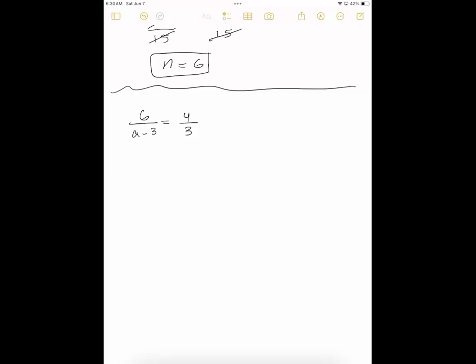And for this type of equation, where we have a fraction on both sides and one term on each side, remember I told you that you can multiply this denominator by the numerator here, and you can multiply this denominator by the numerator on the other side.